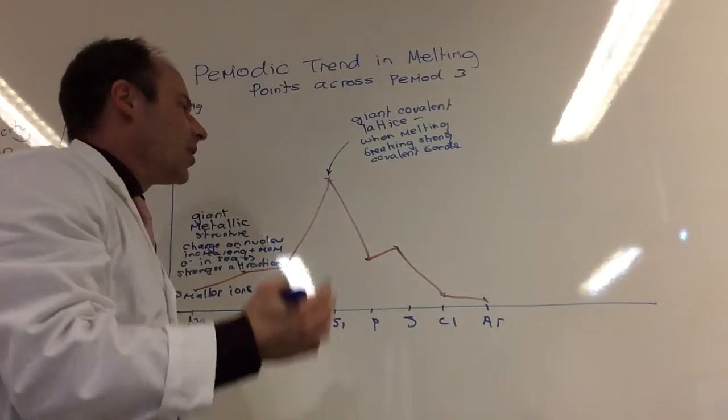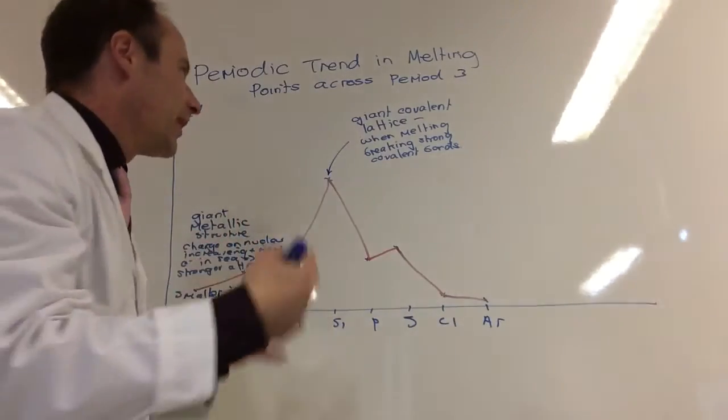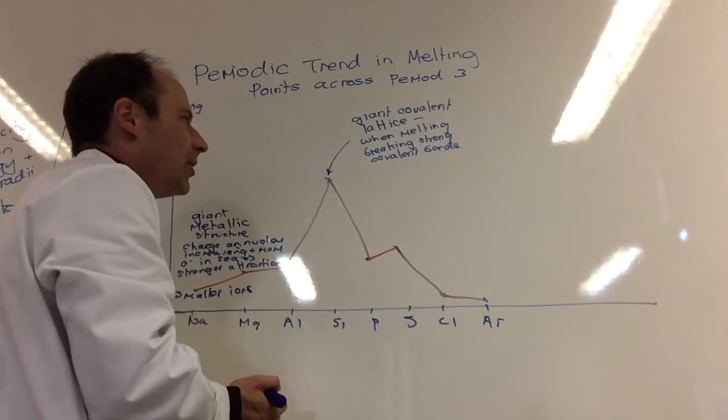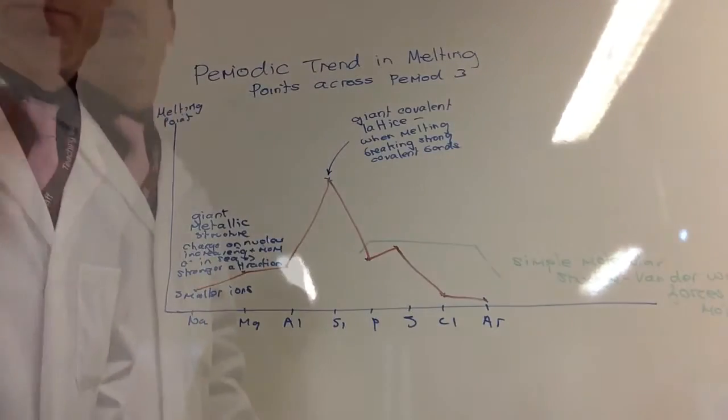So giant covalent, all my silicon atoms are connected by giant covalent bonds with each other. They're a massive lattice, so I'm breaking lots and lots of strong covalent bonds. So lots of energy required for that one.